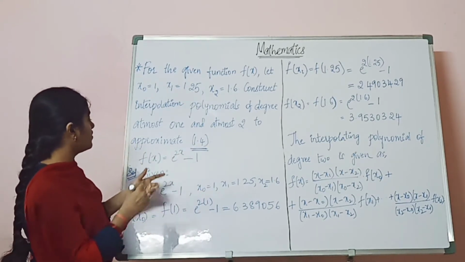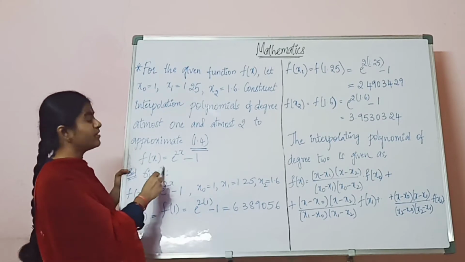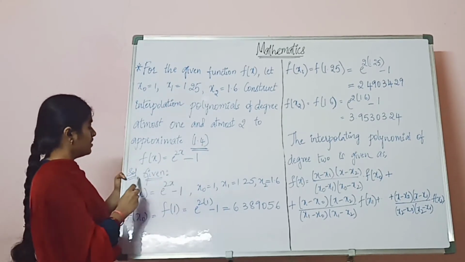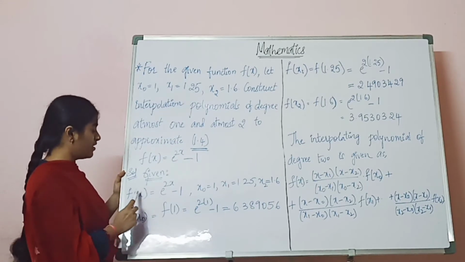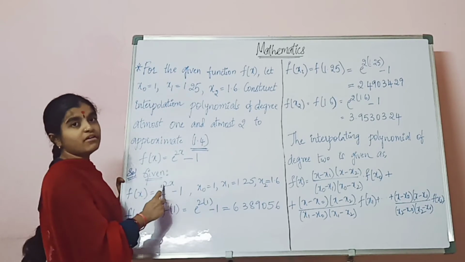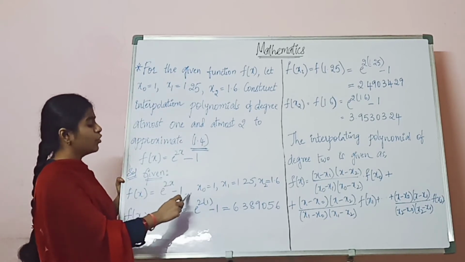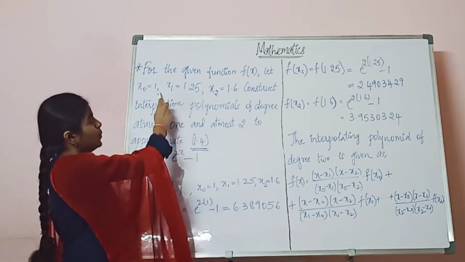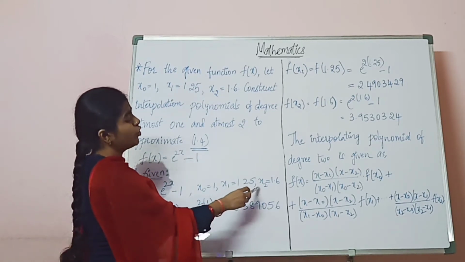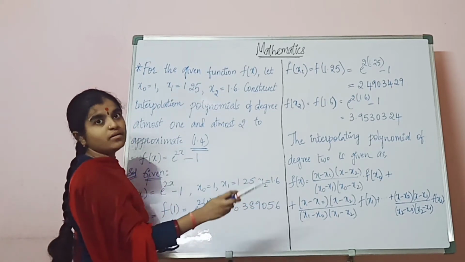Now what is f of x given here? f of x equals e power 2x minus 1. So now the solution. What is given in the question? f of x equals e power 2x minus 1, x0 equals 1, x1 equals 1.25, x2 equals 1.6.